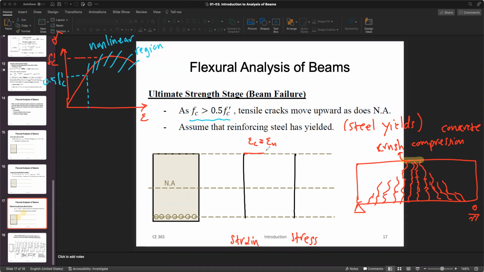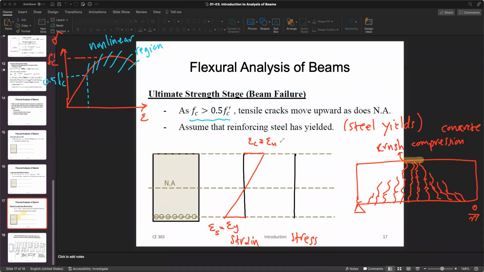That's what we are assuming, correct? On the neutral axis, nothing. And then we continue to have epsilon y for steel. Does that make sense? What we are assuming is that the strain in steel reaches the yield strain, and for concrete, it reaches the ultimate strain of concrete.